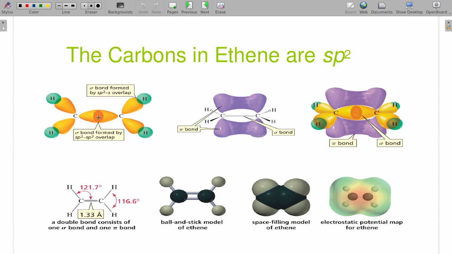All right, that actually helps us in predicting some cool things about the chemical shape. Even though most sigma bonds can freely rotate, this one can't. Because while this doesn't show any limitations, when we throw the pi bond in there, the pi bond can only exist if these two are perfectly parallel to each other. So that's going to stop this thing from rotating. It can't rotate because if it were to rotate, it would break that bond.